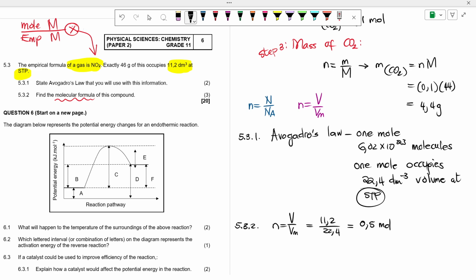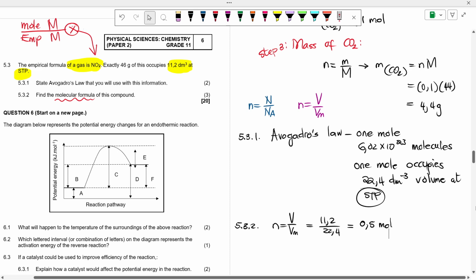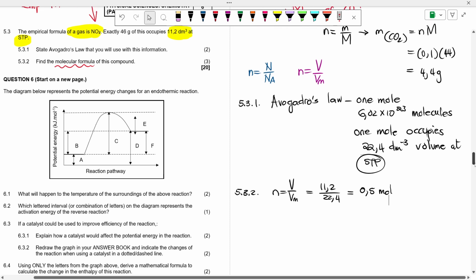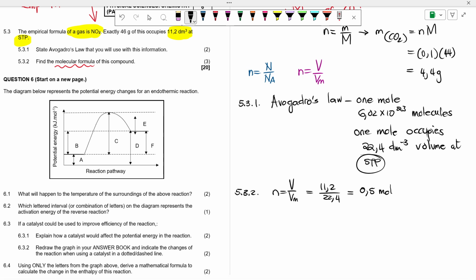And actually the grams themselves could have helped us to find the moles. So maybe there's two ways to kill a cat here. Let's find the number of moles using that. They say 46 grams occupies this volume. So we know it's 0.5 moles for that.